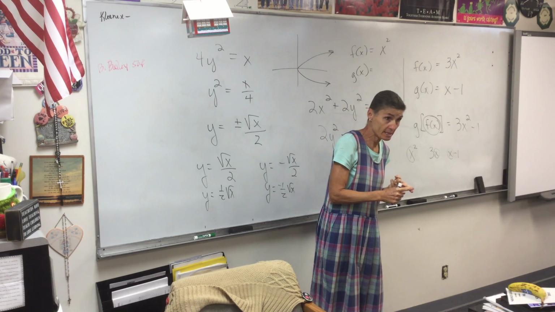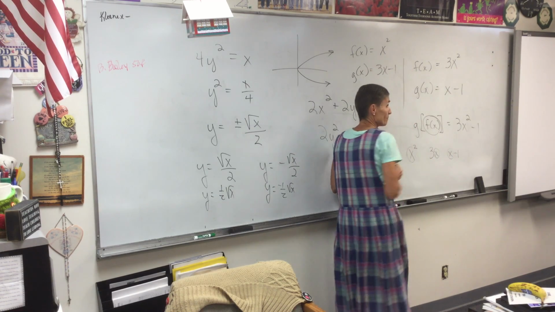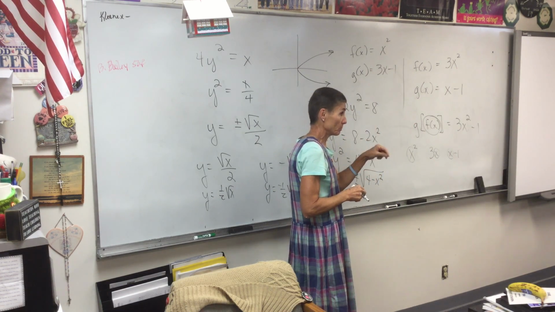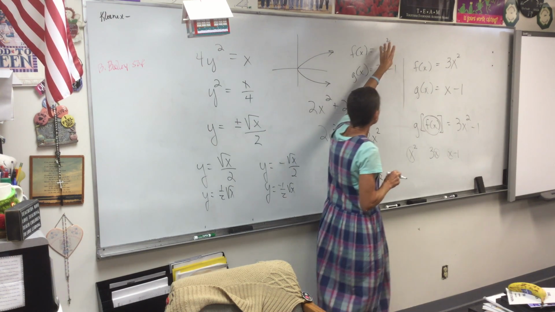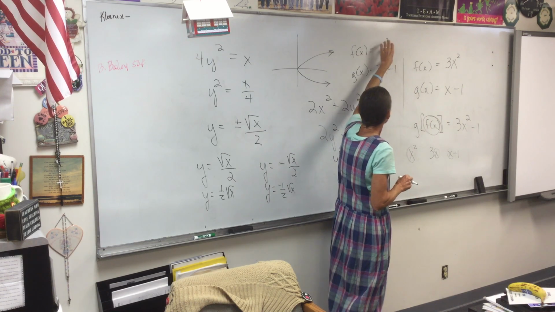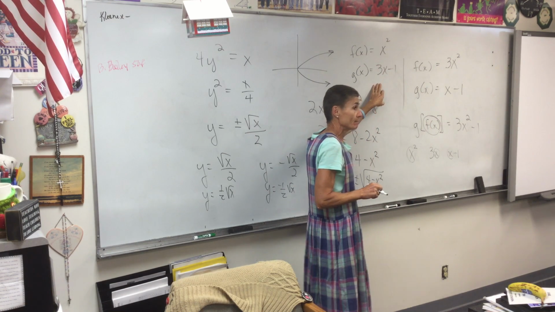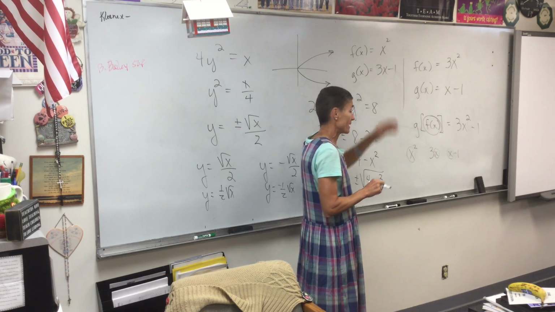Times by 3 and subtract 1. So it's going to be 3x minus 1. It's going to multiply by 3 and subtract 1. And again, if you put f into g, which is what the problem says, you get the same thing. Both of those are completely legitimate answers.